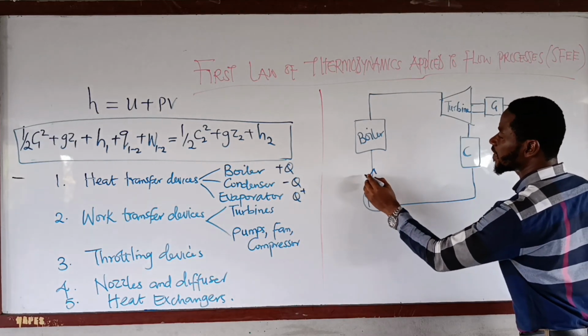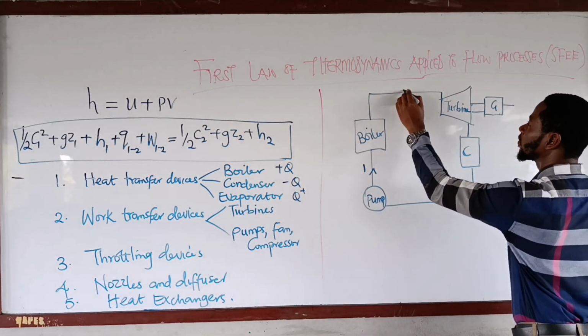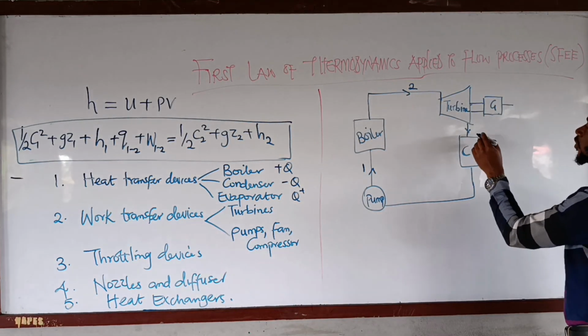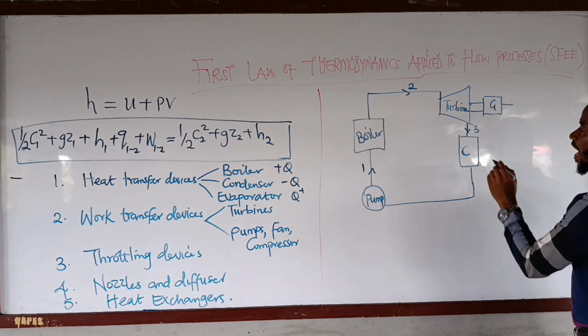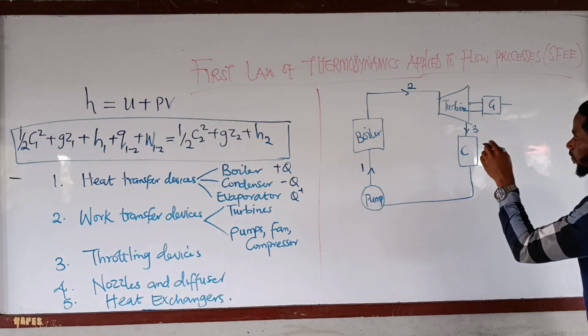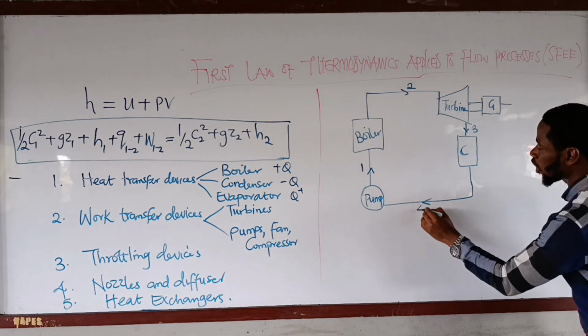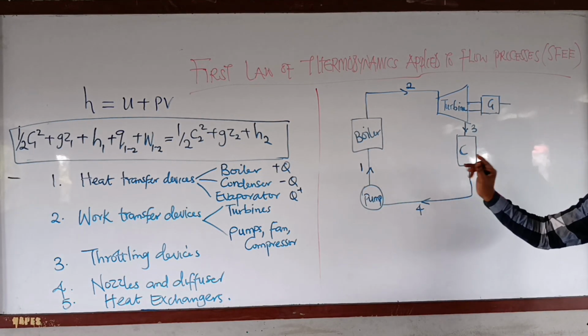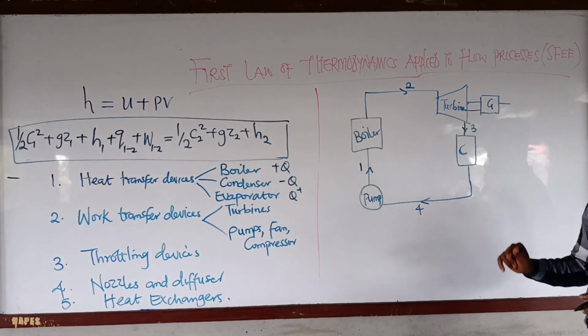This state, we call it state 1, state 2. As it is exiting the turbine, it becomes state 3. As it is entering the condenser and coming out of the condenser, it becomes state 4. Now, this is a simple illustration of a simple power plant arrangement.